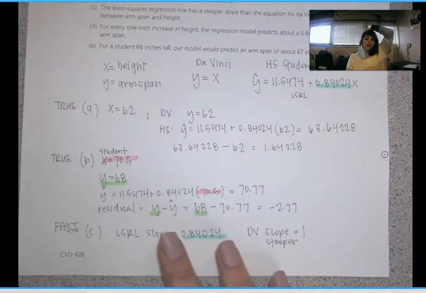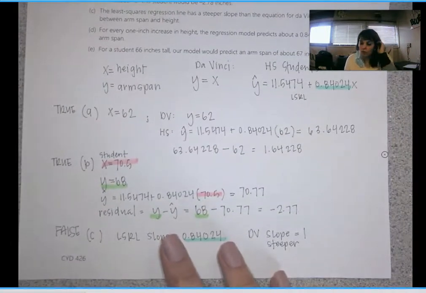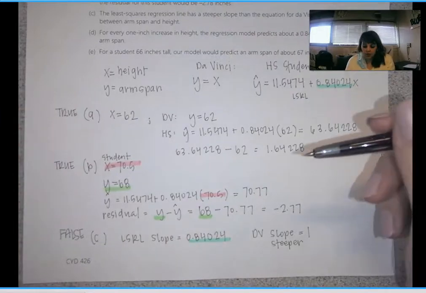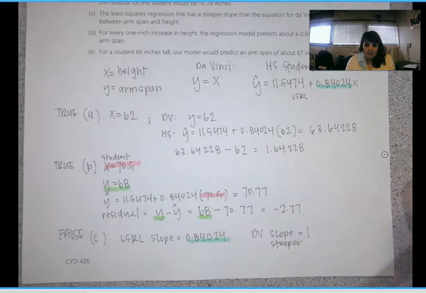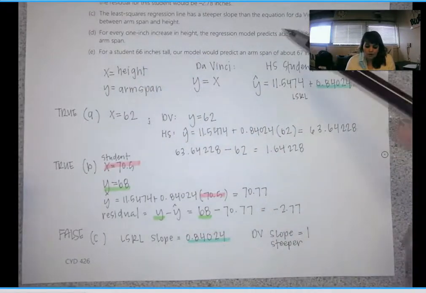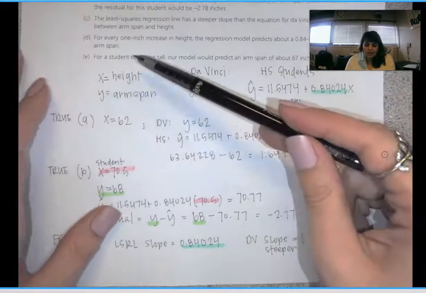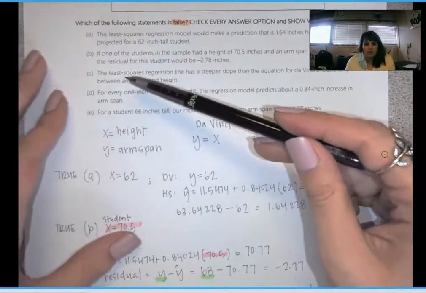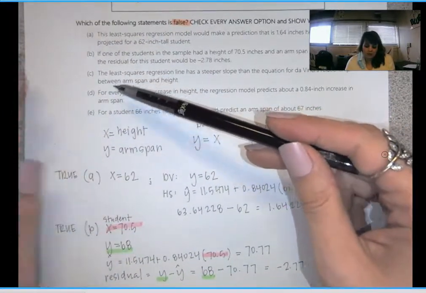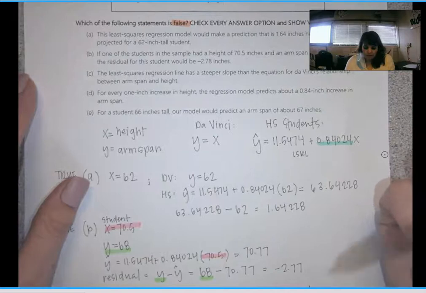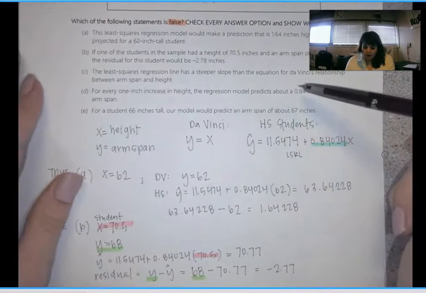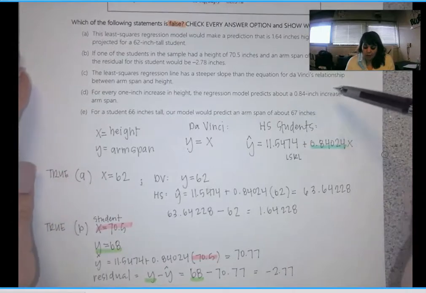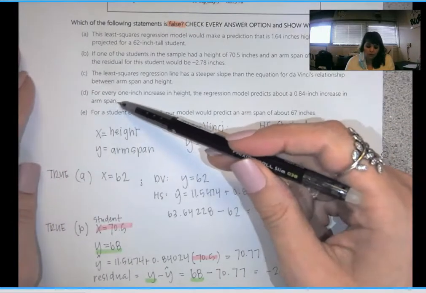What if, though, you didn't know how to check C? You knew how to check A and B, but not C. Then check the other ones and see if they are true. So look at D. For every 1 inch increase in height, the regression model predicts a 0.84 inch increase in arm span.